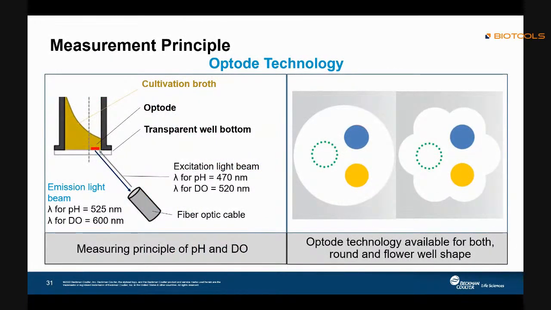Okay, a little bit more about the opto technology. We have a transparent well bottom, so we use different kinds of methods. When we're doing the measurement for pH and DO, this is an optic cable, so we emit light there, and then it reflects the data and we receive that, and then we can calculate the pH and the DO for this part.